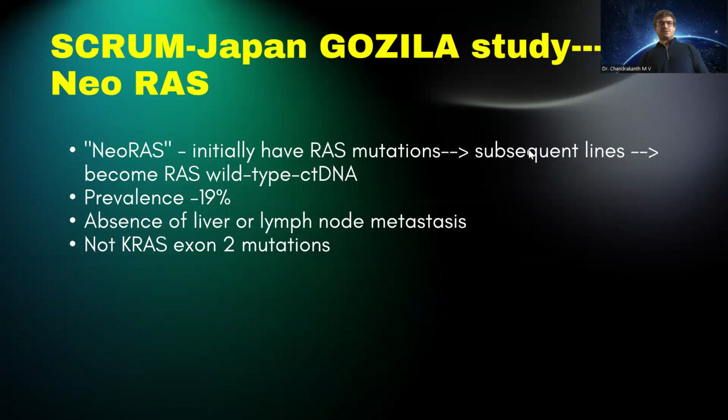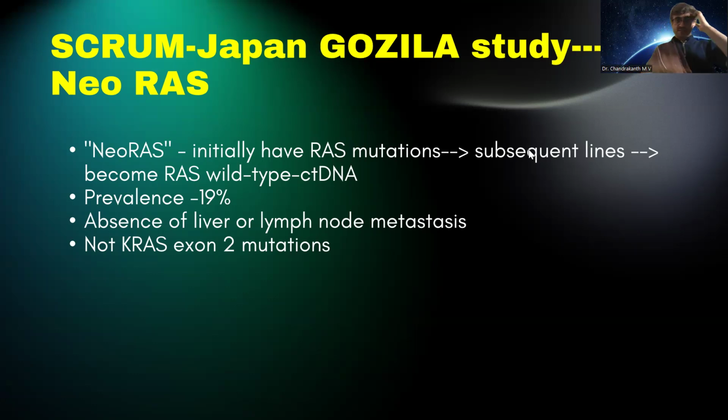Now coming on to what is called the GOZILA study, neo-RAS. What does it mean? Initially, the patient had a RAS mutation in the tissue. We gave, let's say, FOLFOX BEV, and then we looked in a liquid biopsy and we looked whether the RAS mutation is persisting. No, it became wild type.